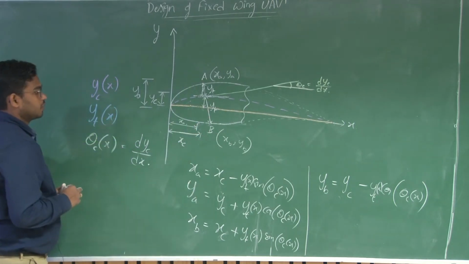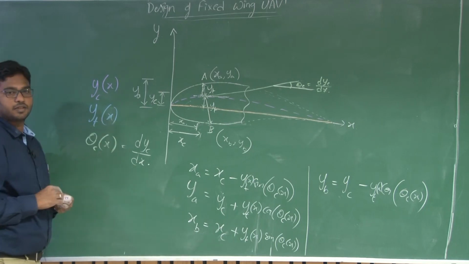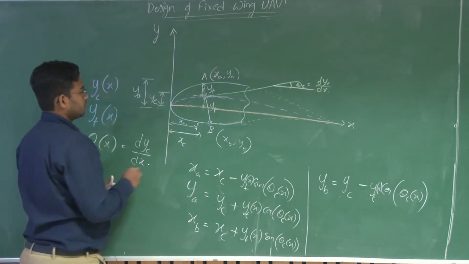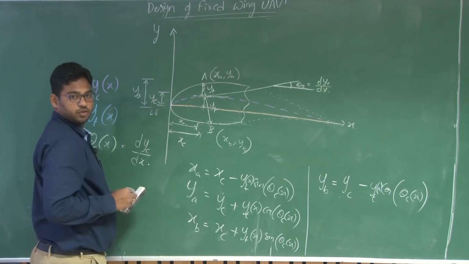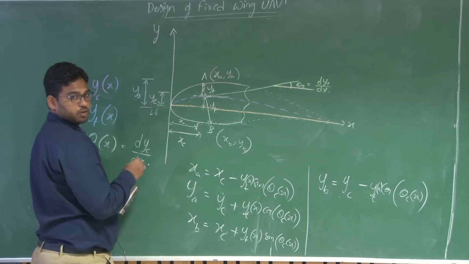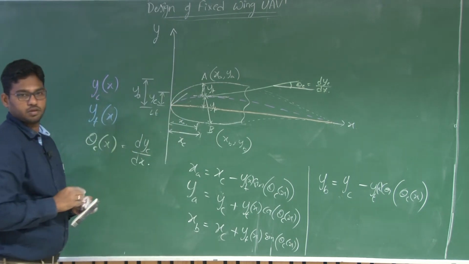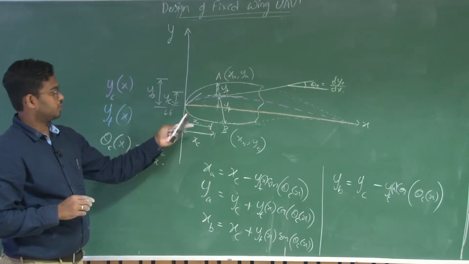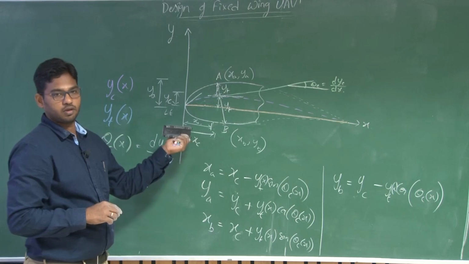Are we done? What about the leading edge radius? Consider this is my leading edge. You know the slope at that particular point. Draw a tangent to this mean camber line at that particular point, with the slope equal to the slope at that particular chord location.